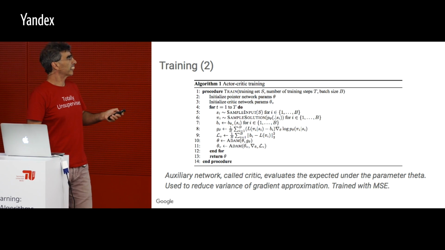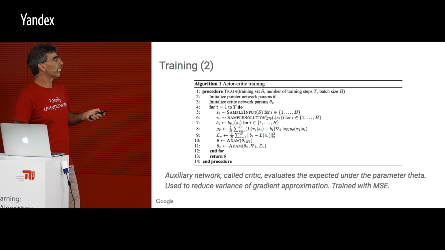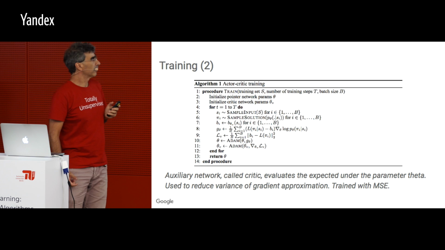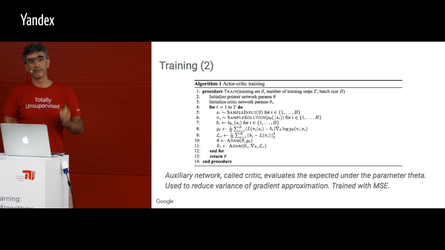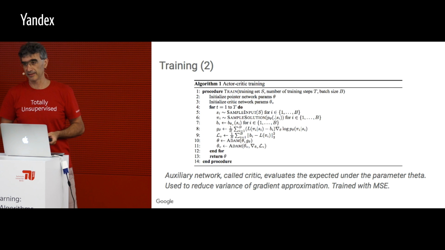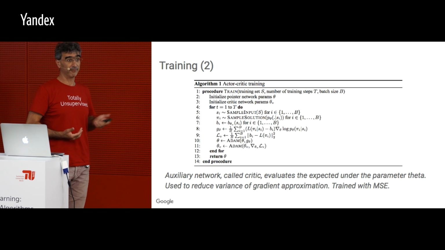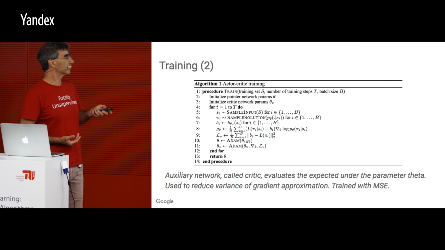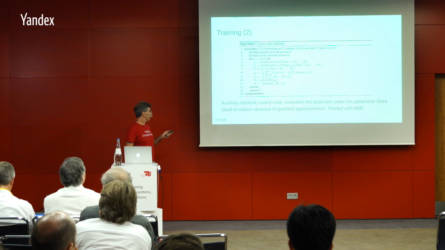B can be computed in various ways. Here we actually use a neural net, but it can be anything you want. Using this simple trick reduces the variance of the gradient that you get, and so it just trains faster. It's not needed, but if you do it, you're going to get faster results. There are many tricks that you can use, and that's the one we use in some of the experiments here.